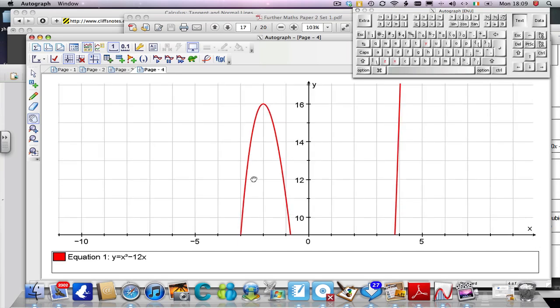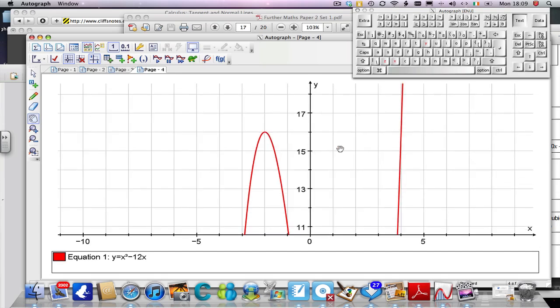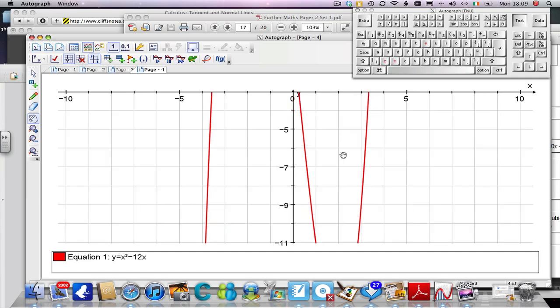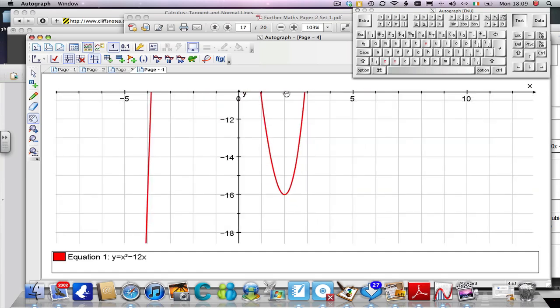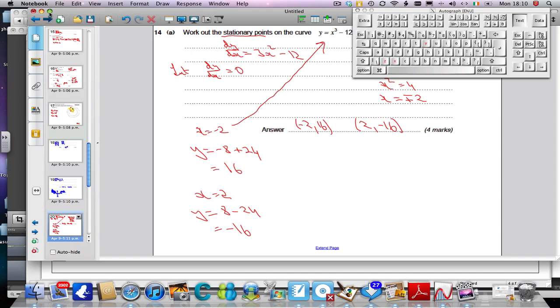Where does it go? Neither up nor down. Right here, when x is -2, y is 16, the curve is neither going up nor down, and also down here when x is 2 and y is -16, again the curve is going neither up nor down, and therefore is a stationary point.